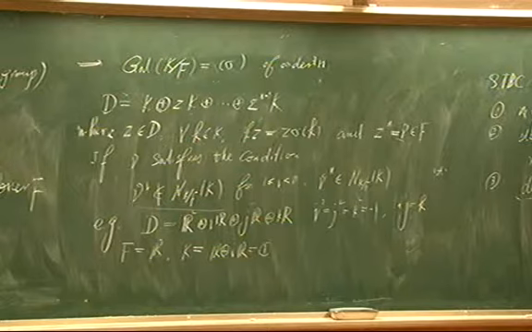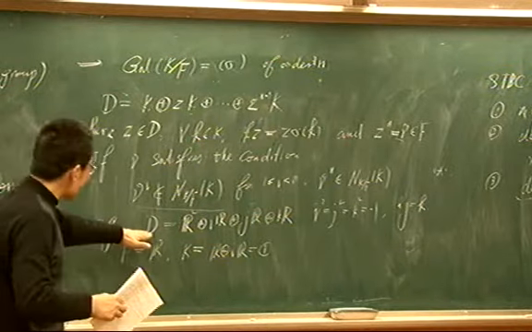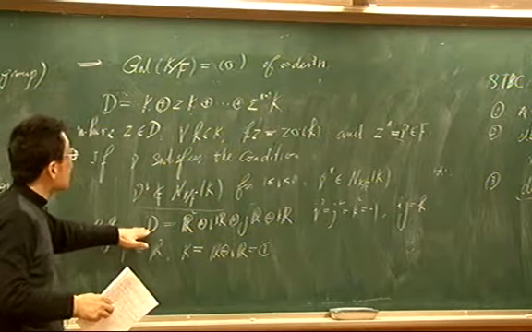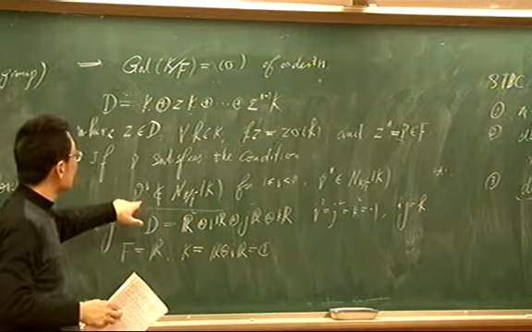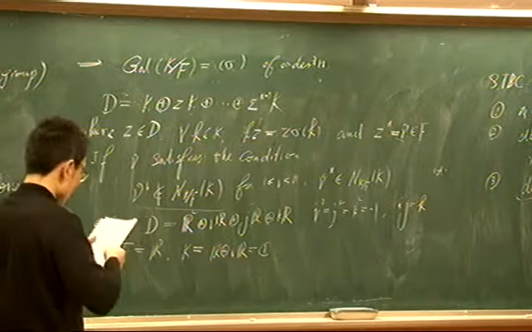Okay, this is, I know, a division algebra. Why is D a division algebra? Because it satisfies this condition.